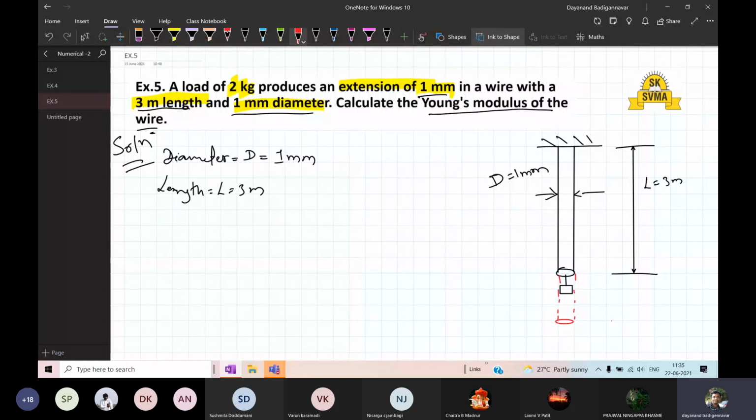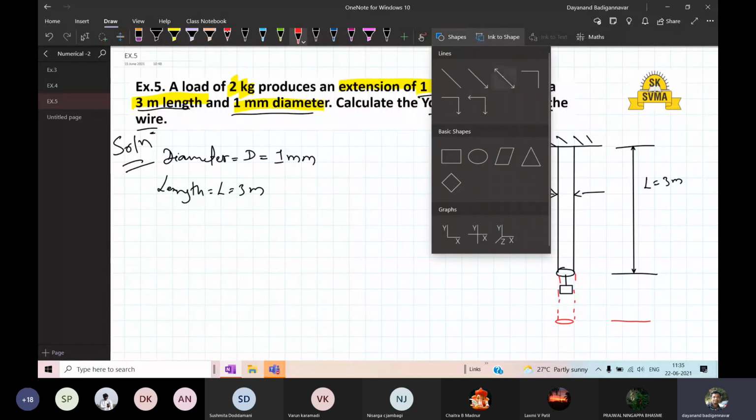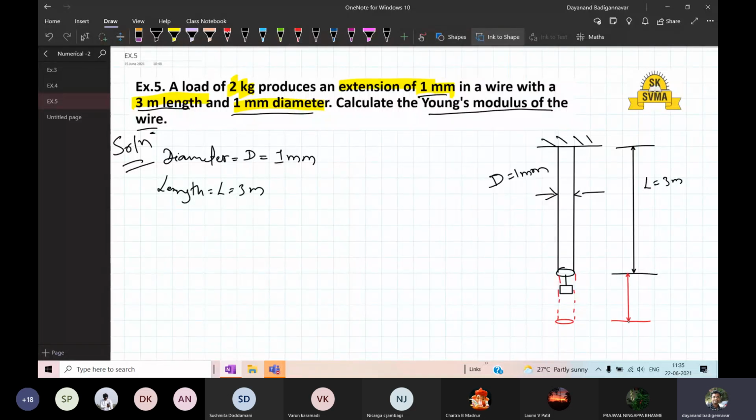This is nothing but the elongation, x. x is also given. x is 1 mm. So the elongation is also given: x is equal to 1 millimeter.